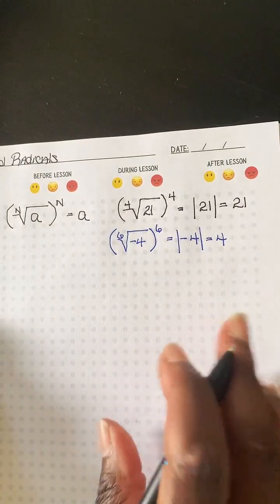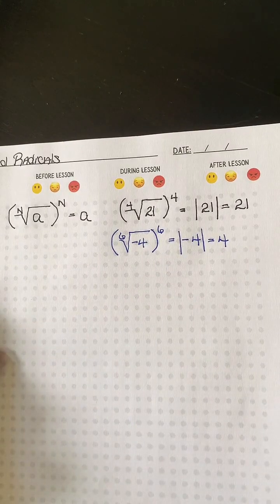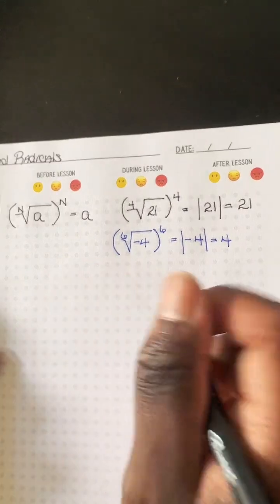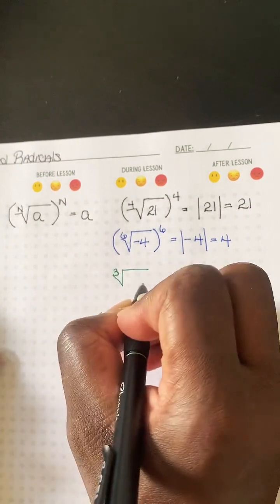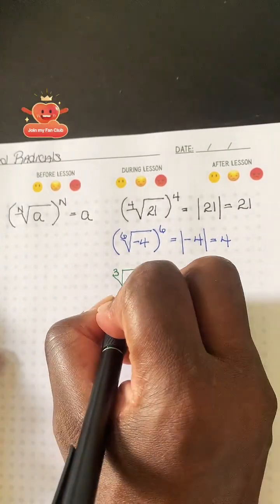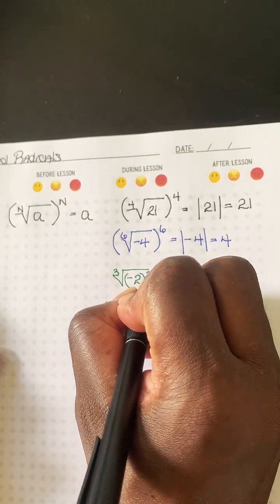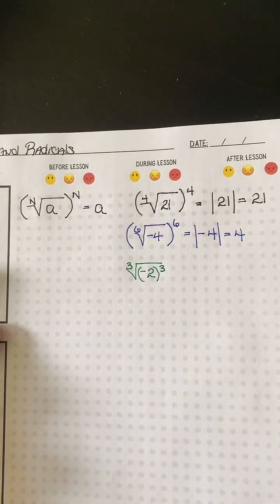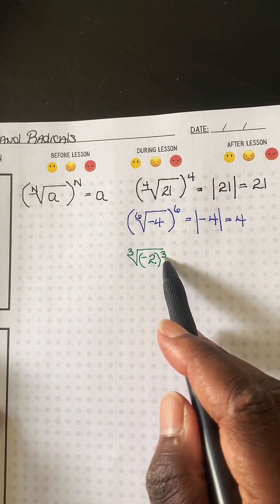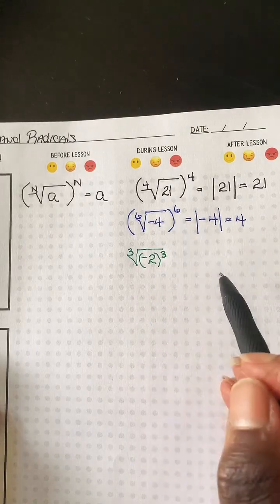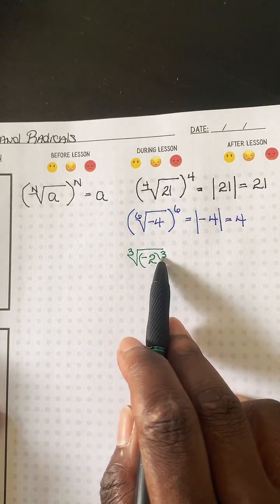But when it's an odd root, so let's say the cube root of, I don't know, -2, and let me say that the degree is going to be underneath the radical. Doesn't matter if it's underneath the radical or if it's outside of a parenthesis. The cube and the cube root are inverses of each other.